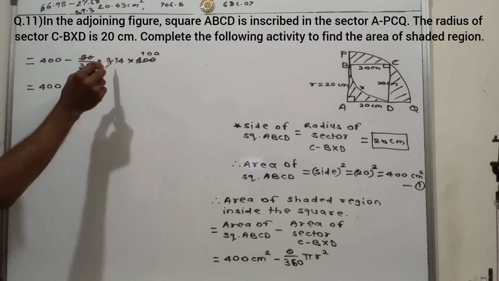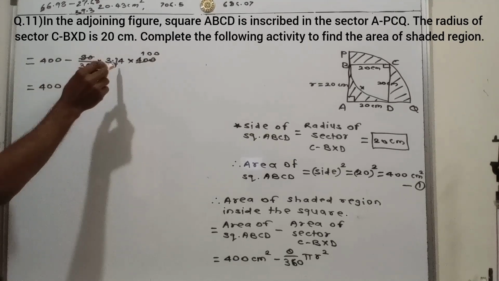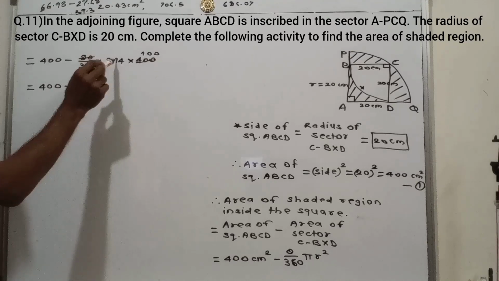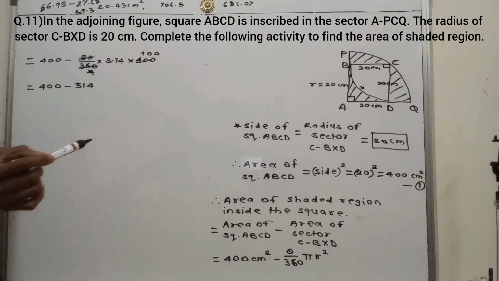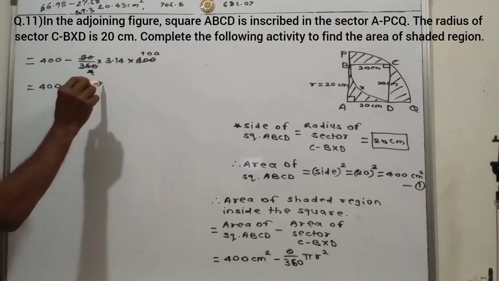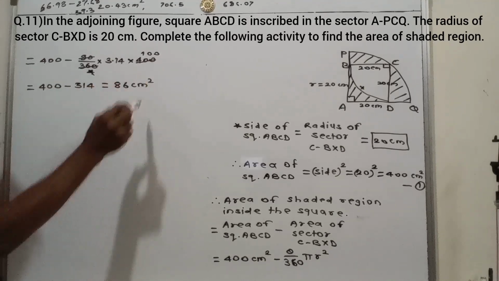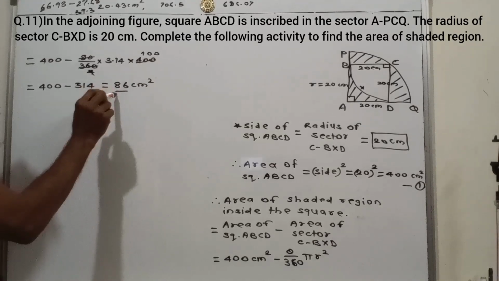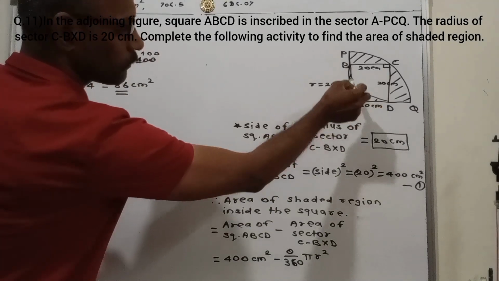When we eliminate these two decimal places, then we write denominator 100, so 314 upon 100. 100 cancel, then what is left? 400 minus 314 is equal to 86 centimeter square. This is the area of shaded region inside the square, means this part.